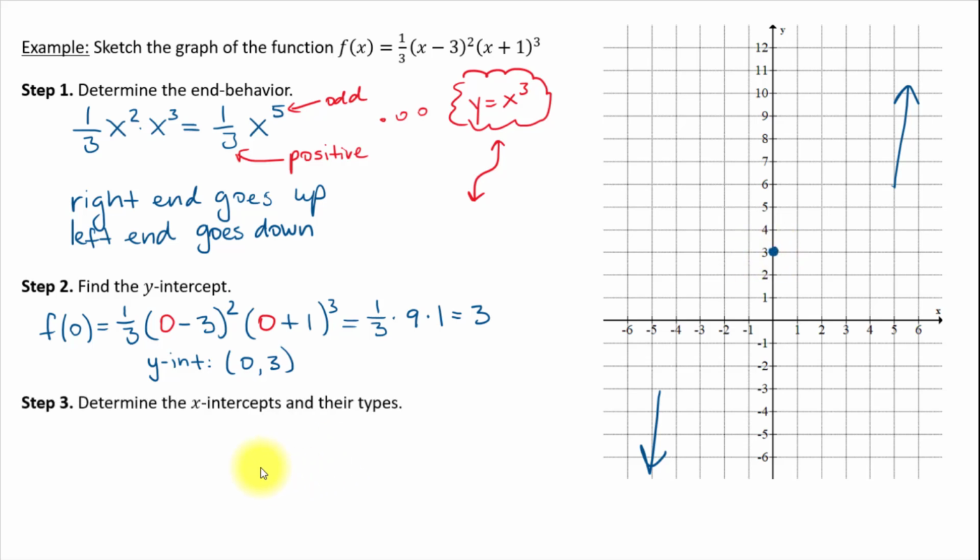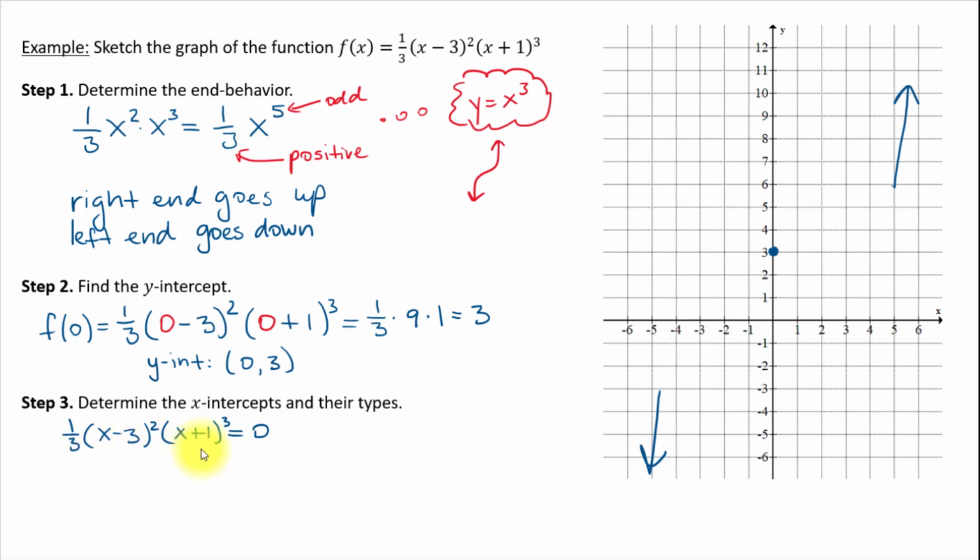In the next step, step 3, we'll need to determine the x-intercepts and their types. X-intercepts are points where the graph crosses the x-axis. Any point on the x-axis has the y-coordinate 0, and that's how we find the x-intercepts, by letting y equal 0, in other words, by setting the function equal to 0, and solving the resulting equation.